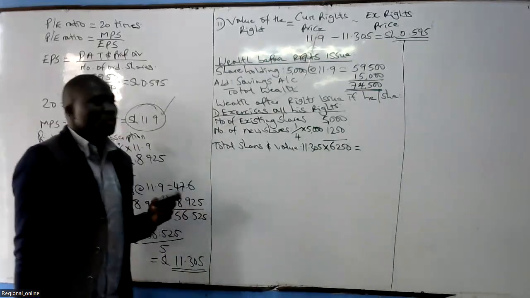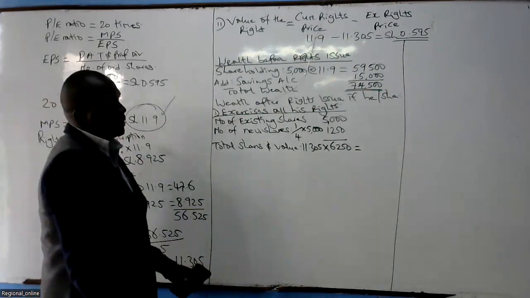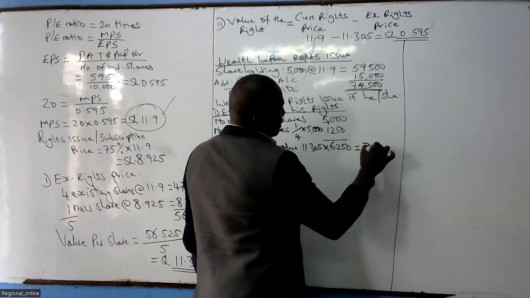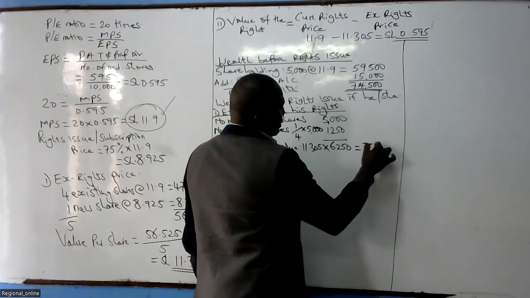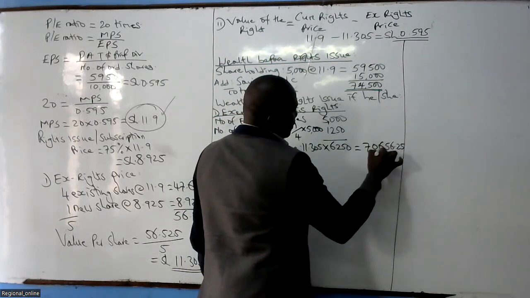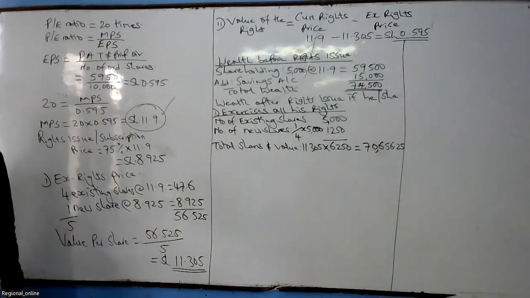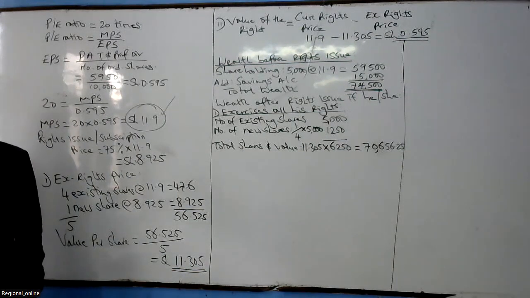So what will be his total value? 70,656.25. Clear. But now you ask yourself, the new shares were not given for free. So less the cost of getting the new shares.